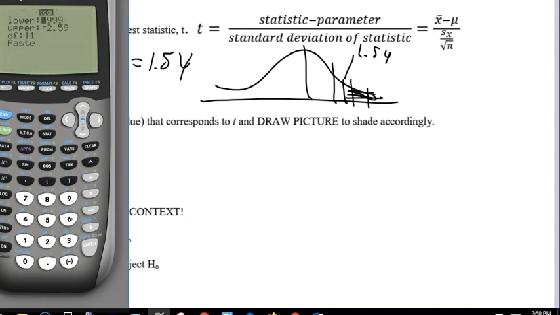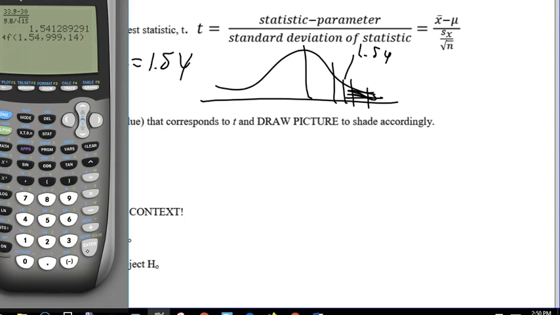Now, since we're going to the right, we're going to put our t-value right there of 1.54. And then we're going to put upper value of 999. The degrees of freedom on this one is 14, 15 minus 1. Then we just hit enter a couple times.